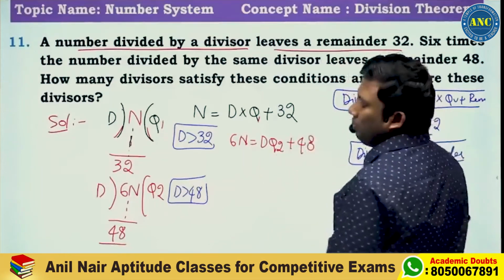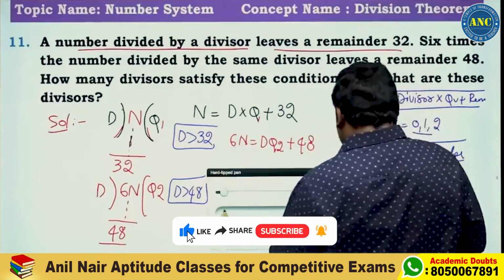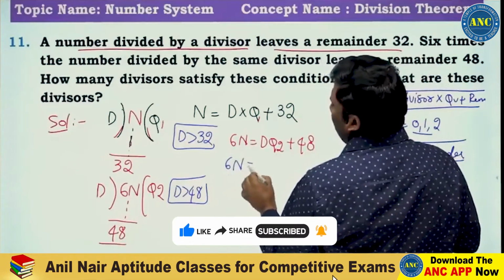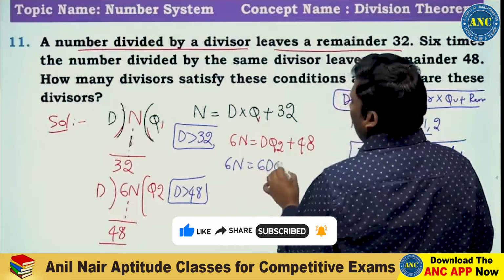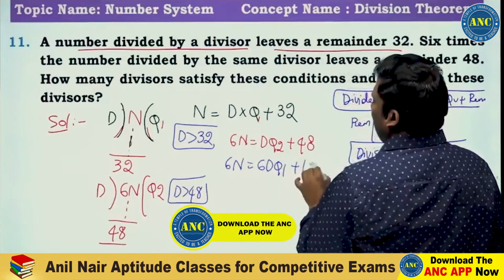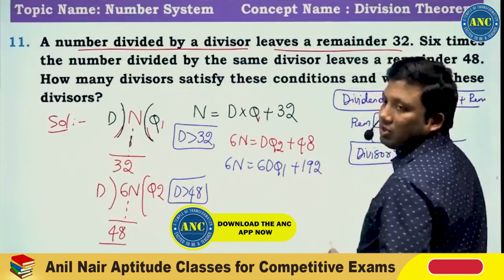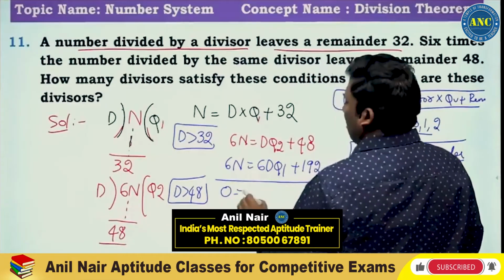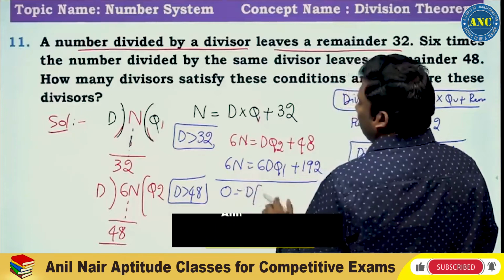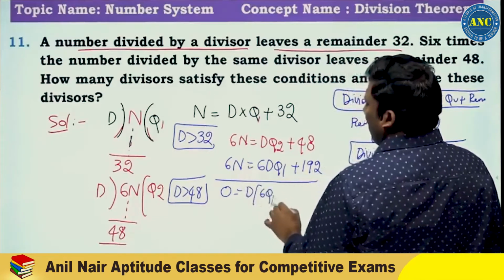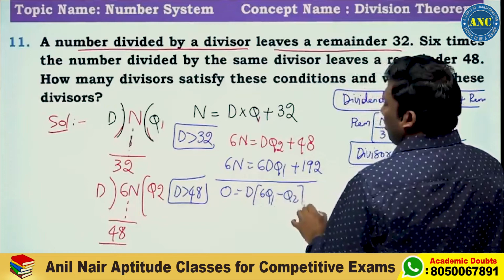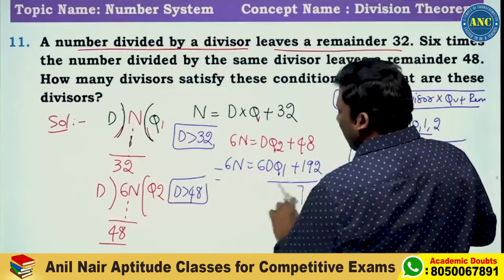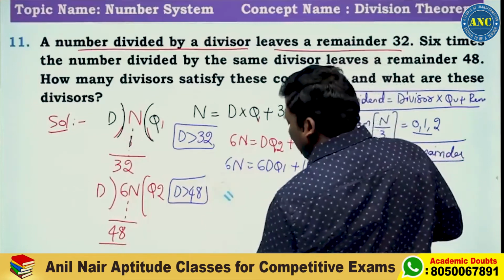Now, if I multiply the first with 6, 6n will be 6dq1 plus 192. Subtracting, 6n minus 6n is 0, d into (6q1 minus q2), or subtract the first from the second. If I subtract, why unnecessarily get into a negative value?